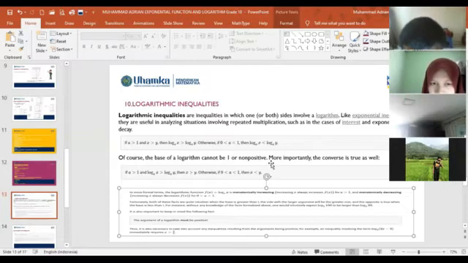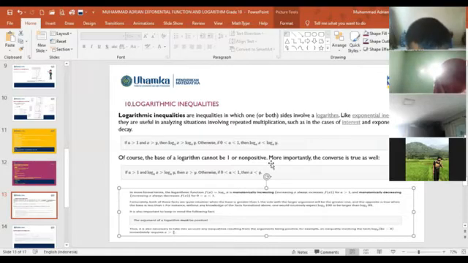When the base is greater than 1, the side with the larger argument will be greater, and the opposite is true when the base is less than 1.